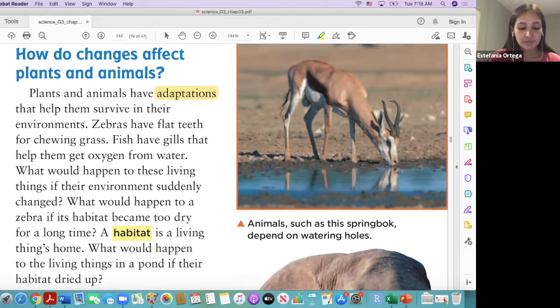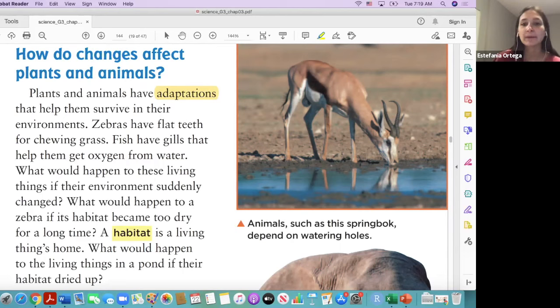For example, dogs and cats use them to scratch themselves, but other animals use them more as a tool, like tigers or lions, almost like little knives, to protect themselves. That's the way that they adapt themselves to their environment, to their habitat.